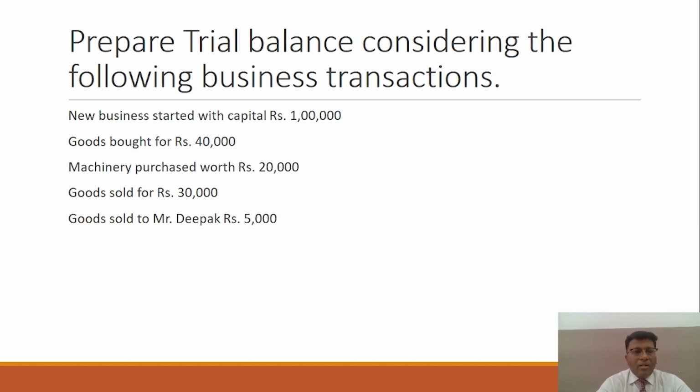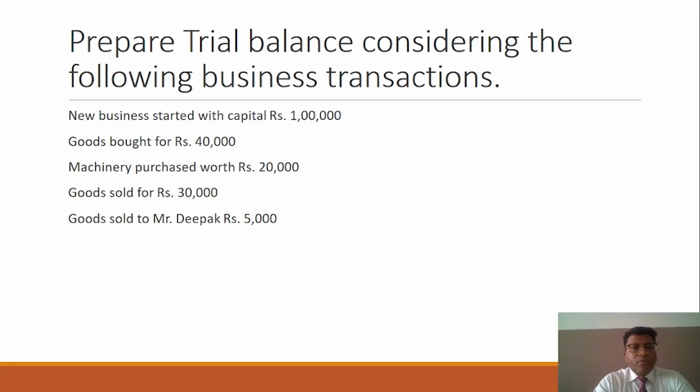I am not writing them all here because, as you have learned how to make journal entries in the previous lectures, there is no need for a revision of the journal entries. Right now I am focusing on the trial balance, so you need to go quickly.